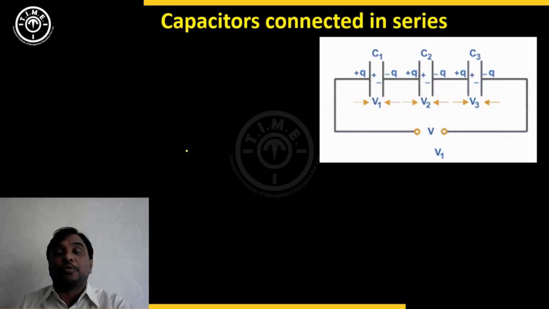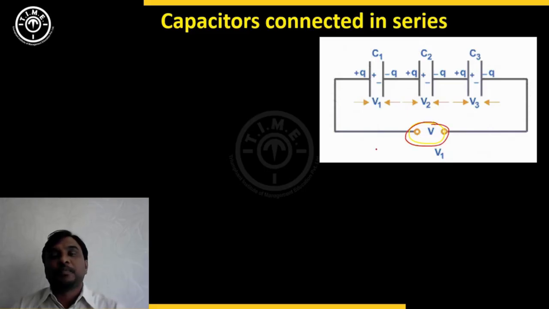Now I am moving to series connection of capacitors. See, now it is connected to the potential V. Let me change the color once. Now these are the capacitances C1, C2 and C3.